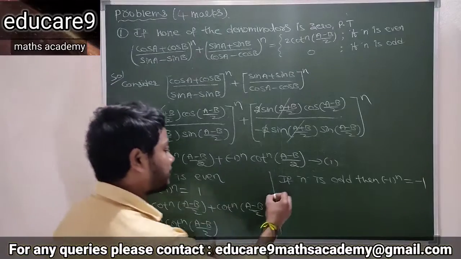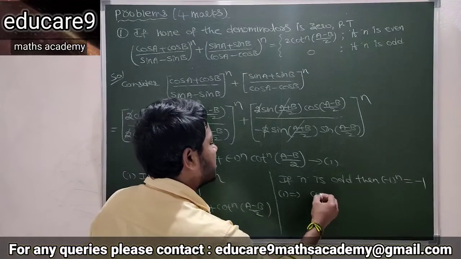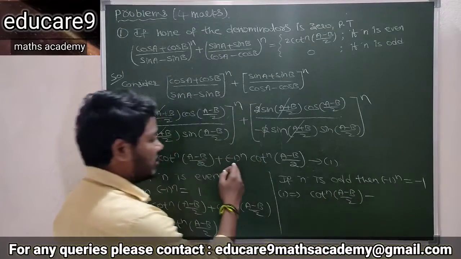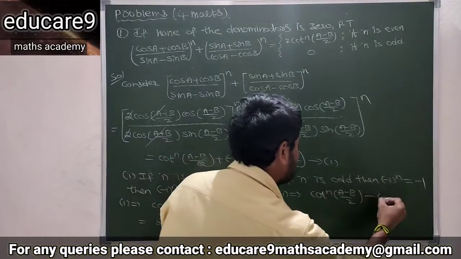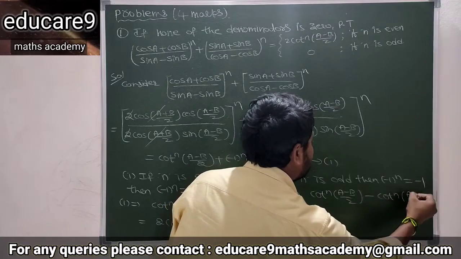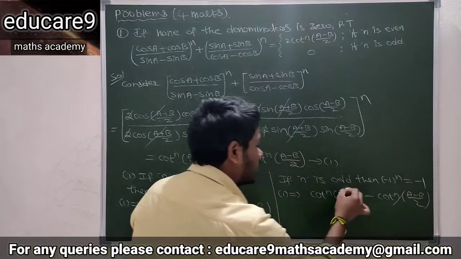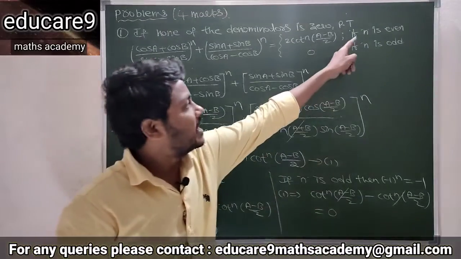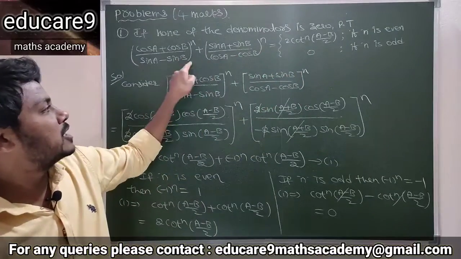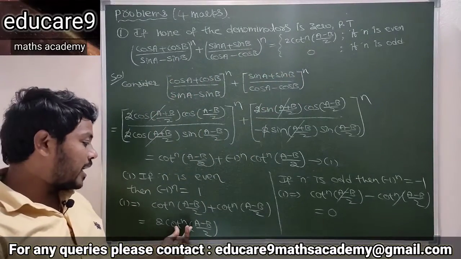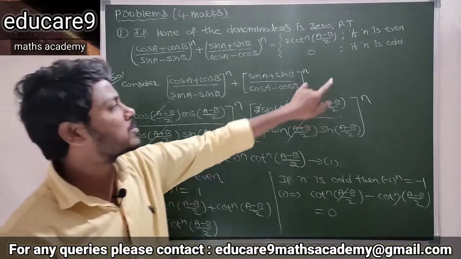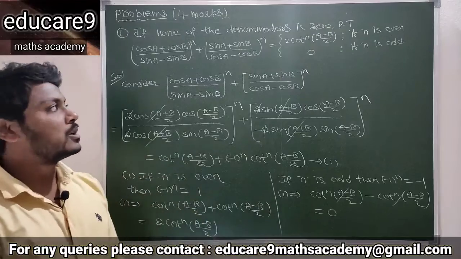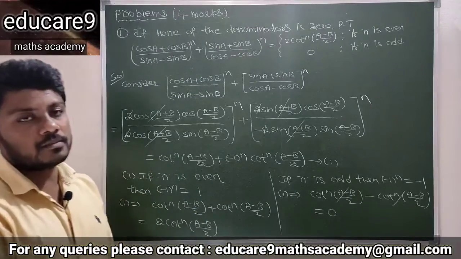So substitute here, then equation 1 implies cot power n of (a minus b) by 2 minus cot power n of (a minus b) by 2. So clearly both terms get cancelled and you get 0. So if n is even, this value is 2 cot power n of (a minus b) by 2, and if n is odd, this value is 0. This is the required answer.